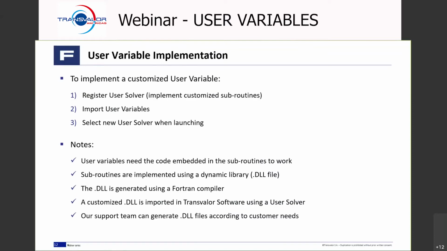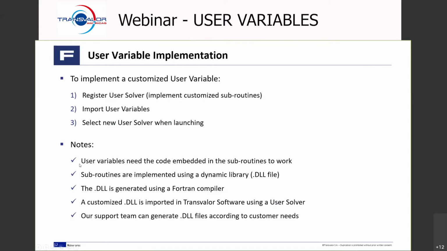Once this is done, we will import our customized user variables in the interface the same way that we do with the default user variables, but we will use the disk option to import our own file. Once this is done, we just have to select the new created user solver when we launch the simulation. We will review these 3 steps in detail later.